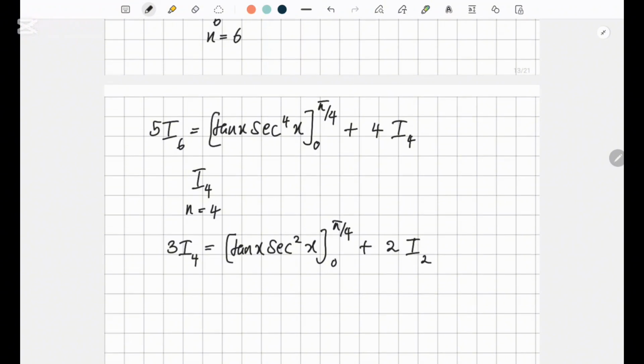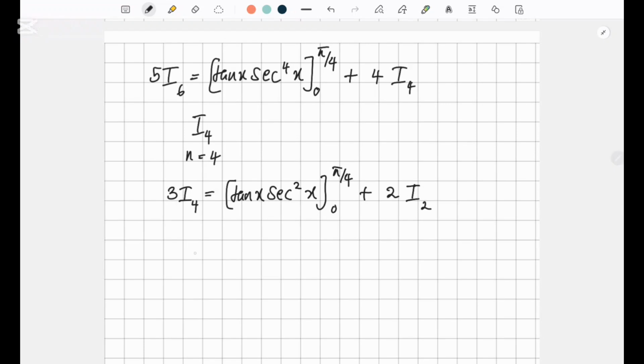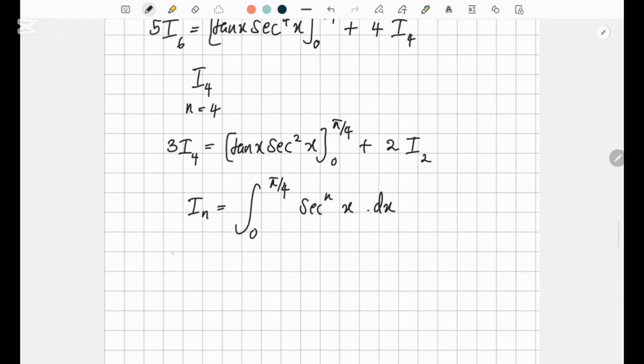So what's I2 going to be? We had I_n equals the integration of 0 to pi over 4 of sec to the power n of x, right? This is what we had. So to find I2, we need to substitute n equals 2. So I2 is going to be the integration of 0 to pi over 4 of sec squared x, right?